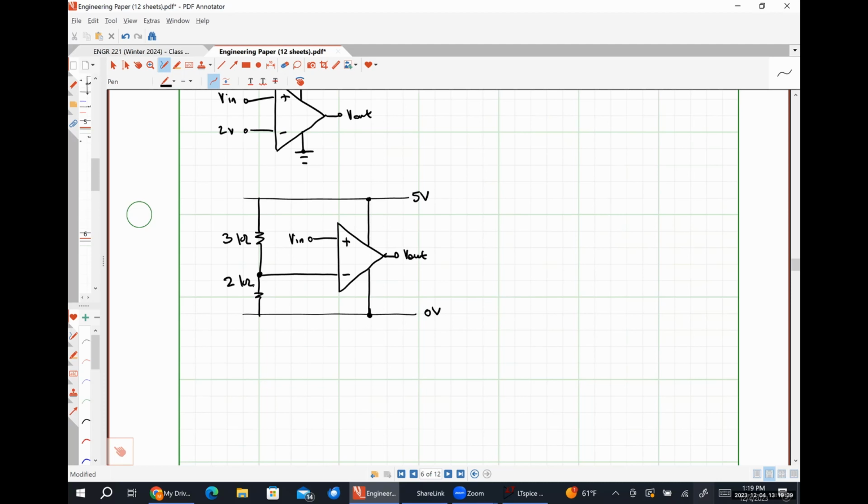Yes, sir. I was going to ask you, what software do you use to have engineering white paper on your iPad? So I just found a PDF copy of a single sheet of engineering paper, and then I made a whole bunch of copies of it to make myself kind of like a pad.